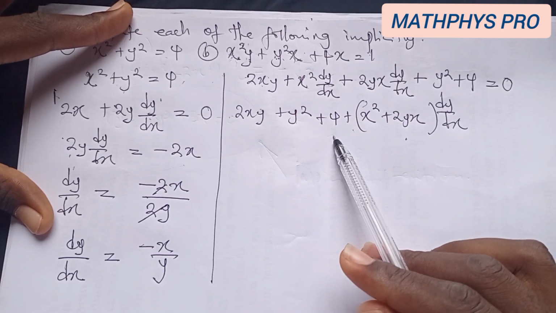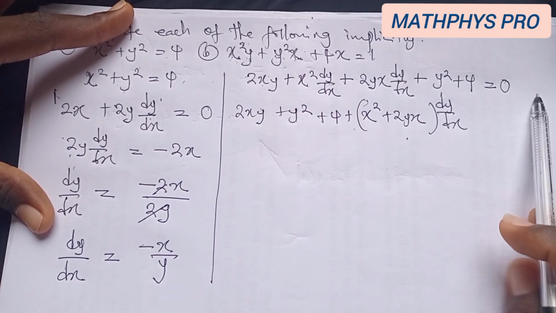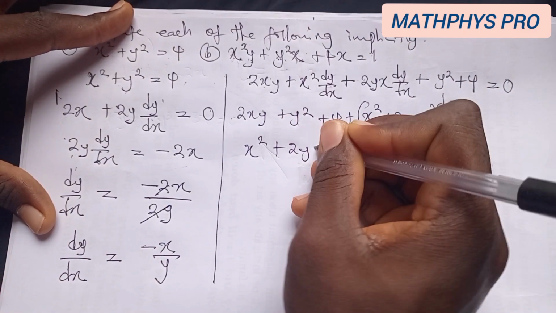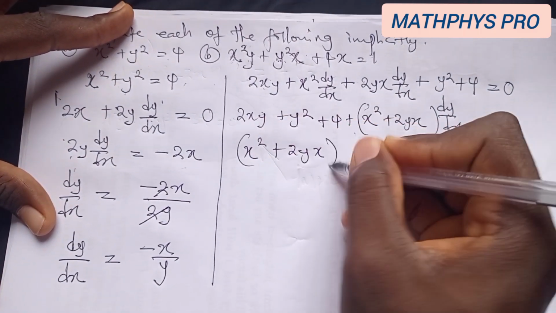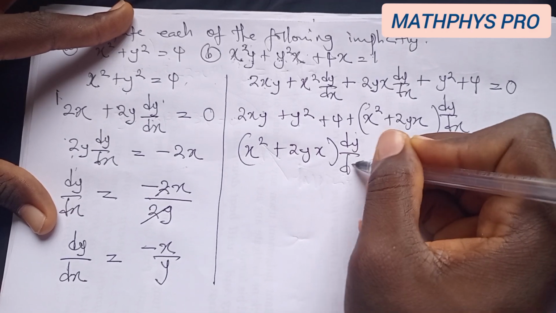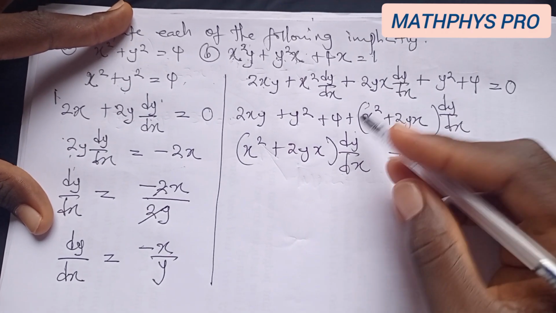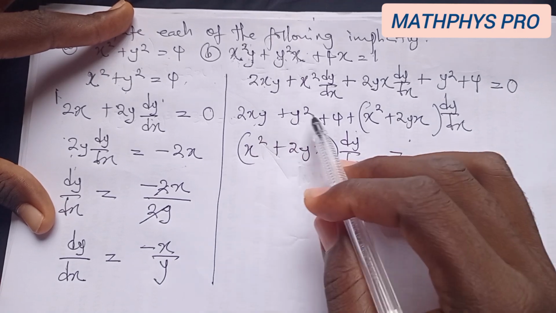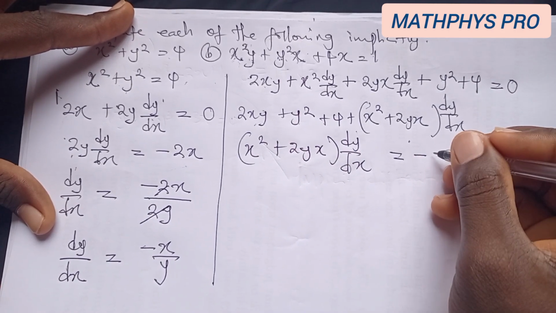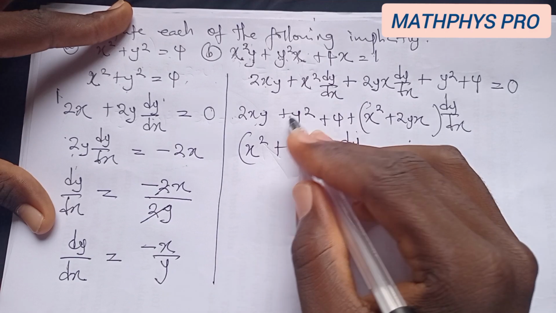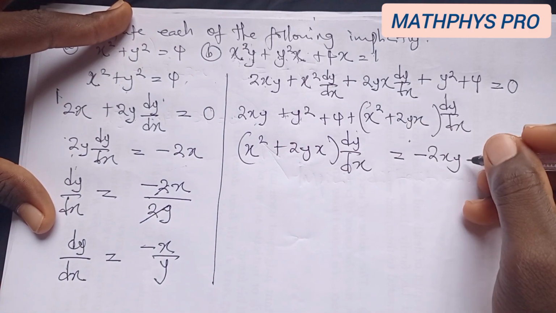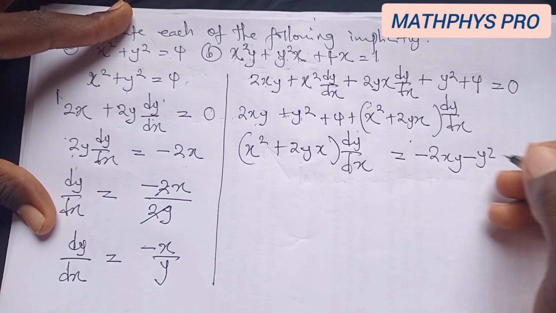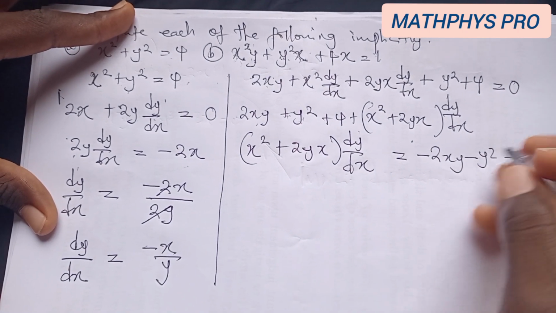Now if we take everything here to the other side of the equation, we have x squared plus 2yx times dy over dx equals negative 2xy, also plus y squared comes to give negative y squared, and plus 4 crosses over to give negative 4.